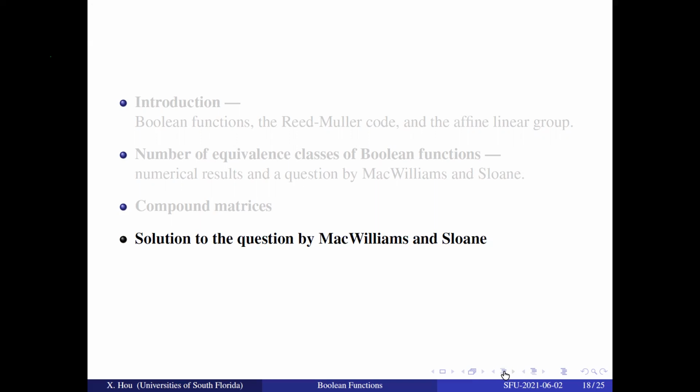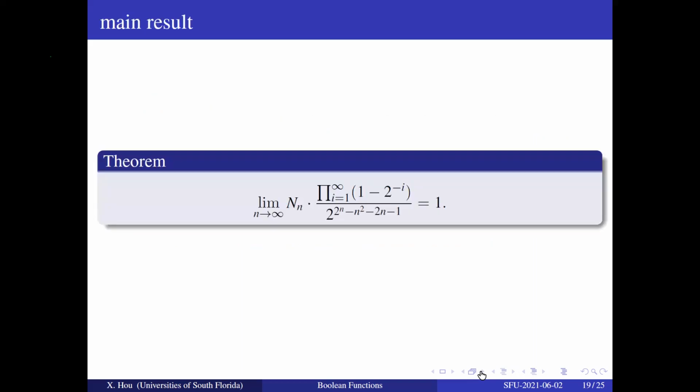So here's our answer to the question. It's just this simple formula. What it says is that as n goes to infinity, the number capital N sub n is just like the reciprocal of this fraction.